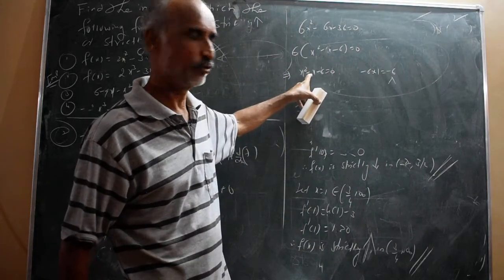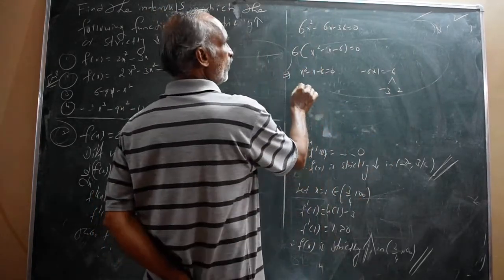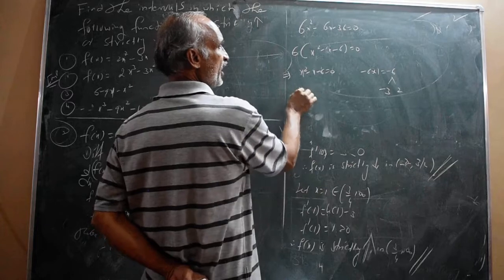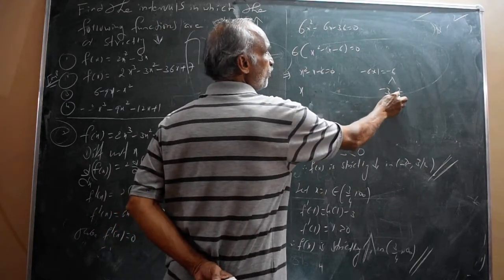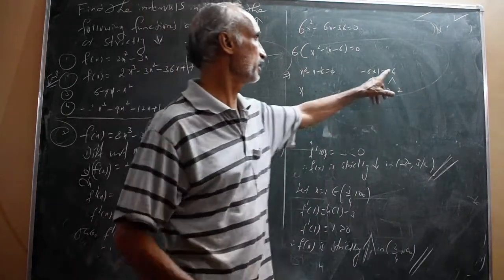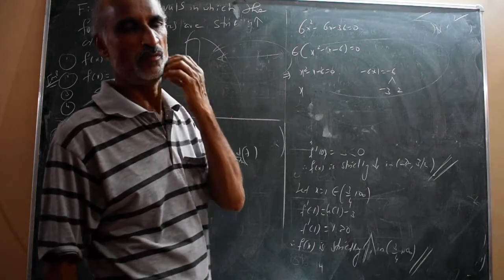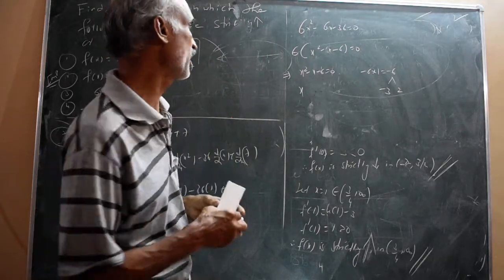So that is minus 3 into 2. Whenever the coefficient of x square is 1, straight away take the two factors: minus 3 plus 2 is minus 1, and minus 3 into 2 is minus 6. By multiplying, you should get this much. By adding, you should get the coefficient of the x term. That is the way of factorizing the quadratic equation.